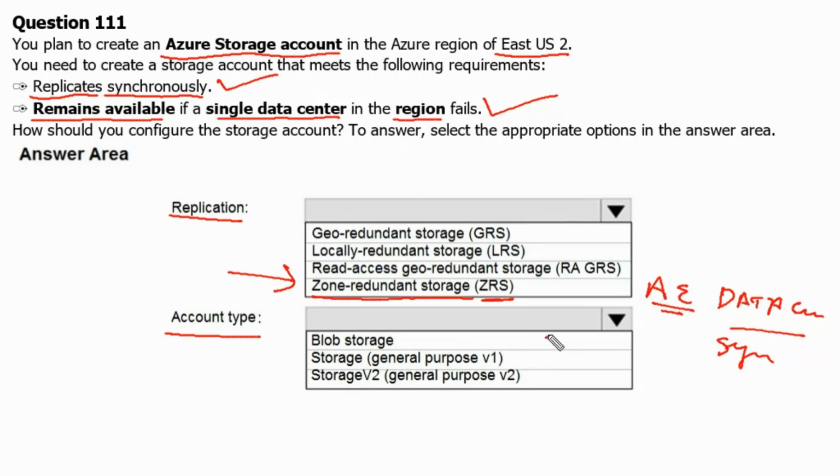ZRS replication is not supported by blob storage and general purpose V1 account. Therefore, storage V2 or general purpose V2 account is only supported for ZRS replications. Let's move to next question.